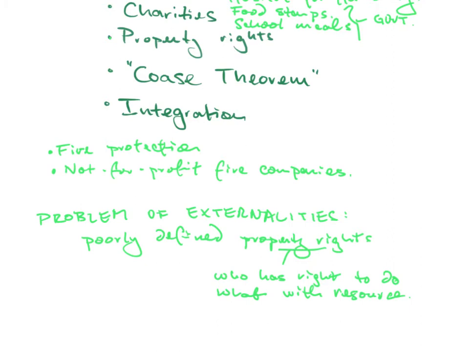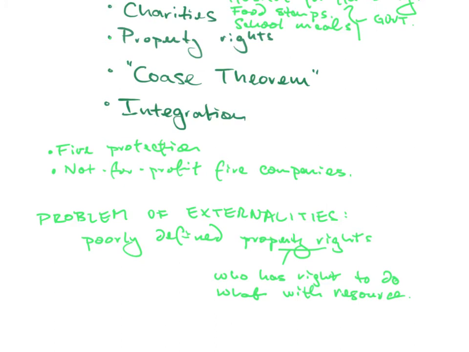Okay, the real problems with externalities come up when the property rights are not clearly defined. Like air pollution. Do I have a right to put pollutants into the air, or do you have the right to breathe clean air?